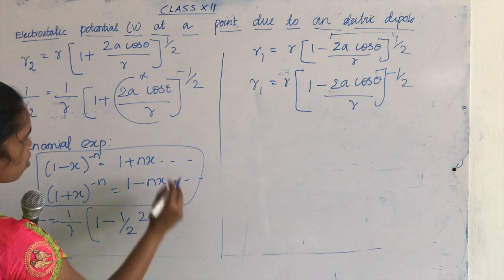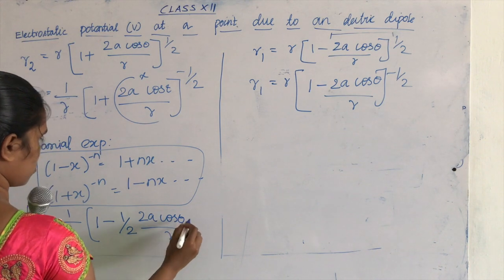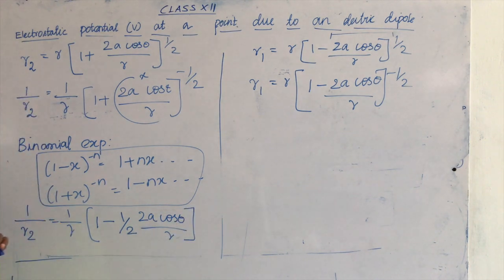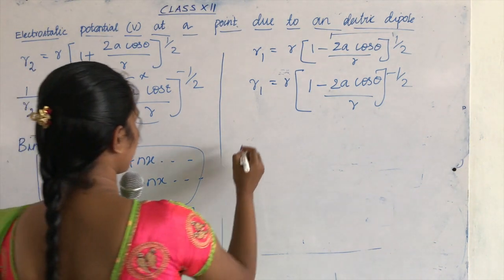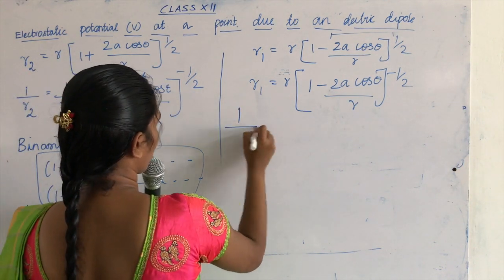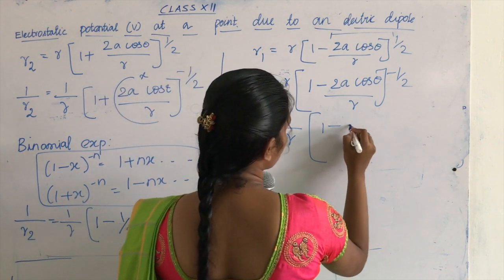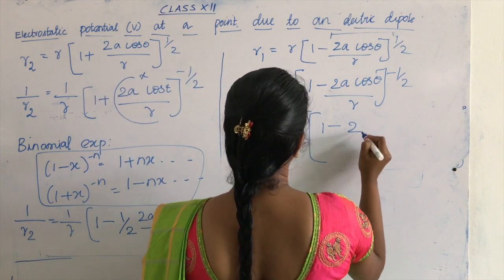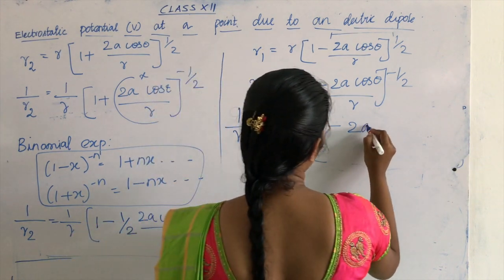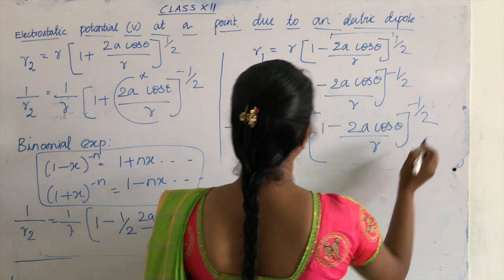Now apply it to R1. 1 by R1 equal to 1 by R times 1 minus 2A cos theta by R power minus 1 by 2.